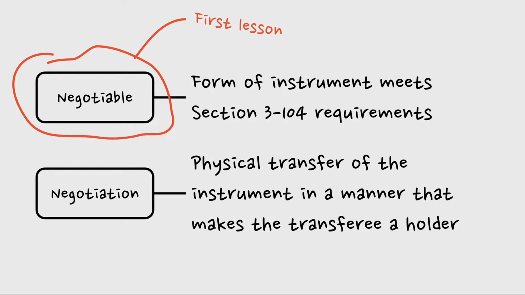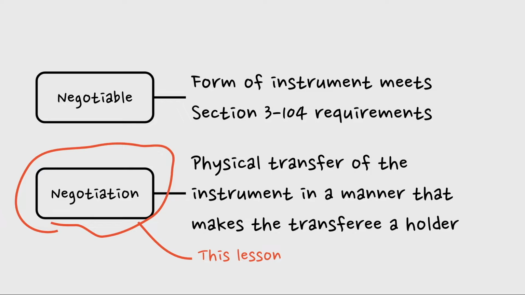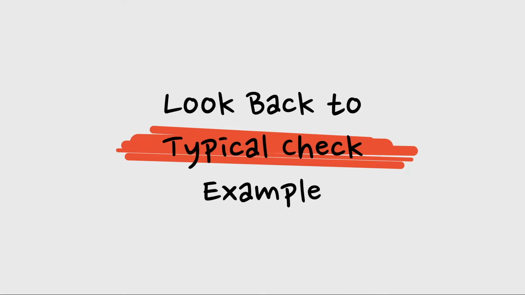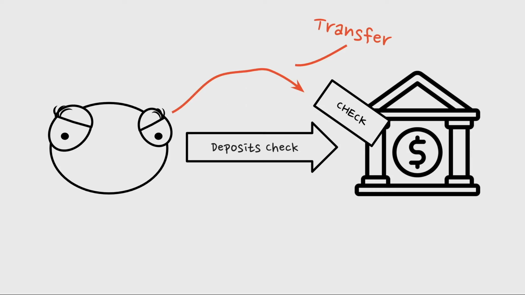So again, negotiable is what we dealt with in the first lesson regarding negotiable instruments. And this lesson is focused on asking, is this transfer not just a transfer of the instrument, but a negotiation? Because it makes the transferee a holder. So when we go back to the material, we looked at the typical life of a check.